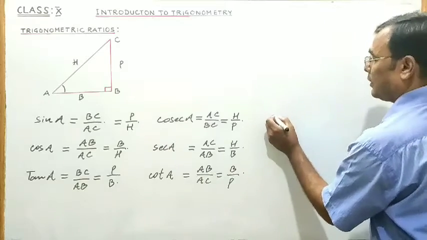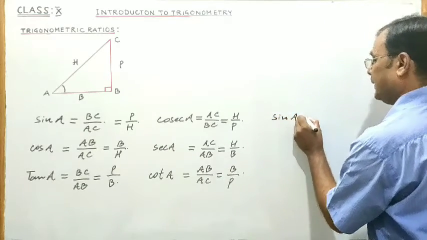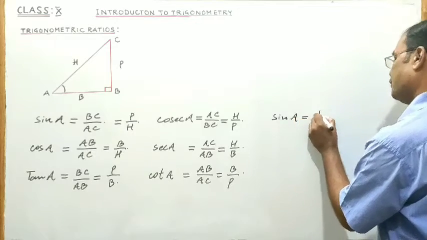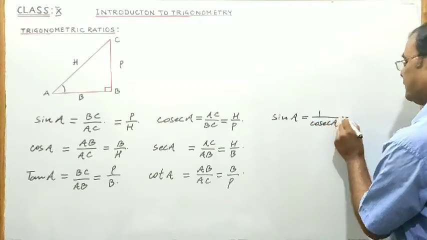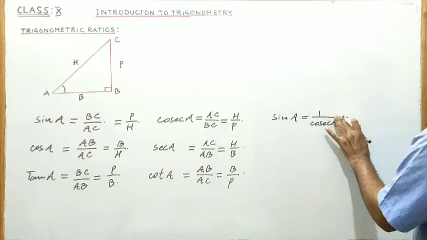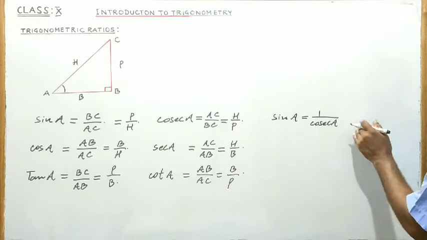Also, sine A is 1 by cosec A. Sine is the reciprocal of cosec and cosec is the reciprocal of sine.